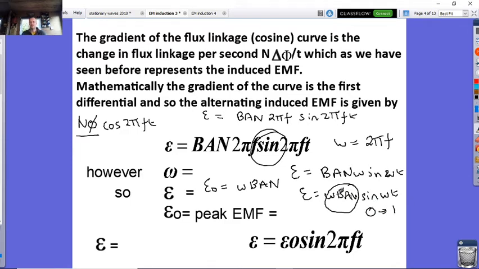Therefore, it does make sense that the biggest value the EMF can be is omega BAN. Hence, the peak EMF is omega BAN. Therefore, the equation comes down to E equals E naught sine omega t. And that's where that comes from. I think that's what you'll be asking about.